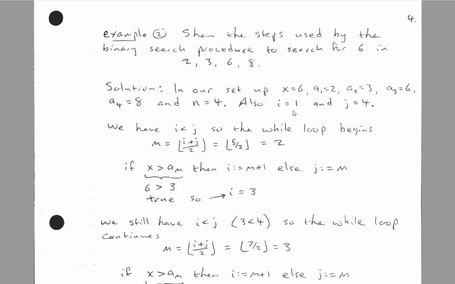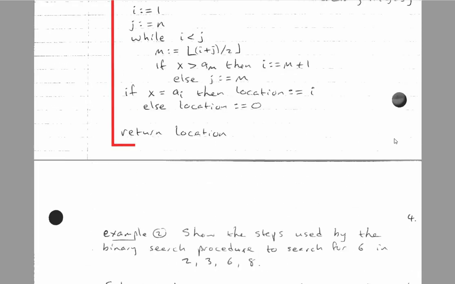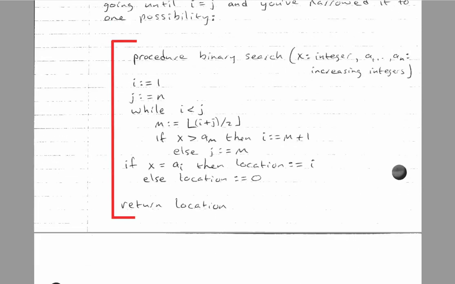Our initial setup has i equal to 1 and j equal to n. All this part is called the setup, or the initialization.